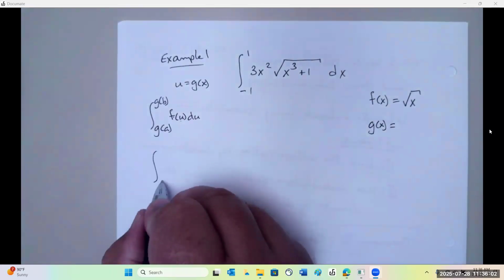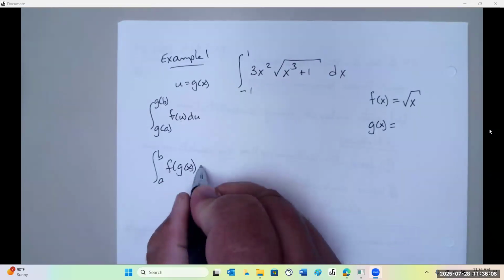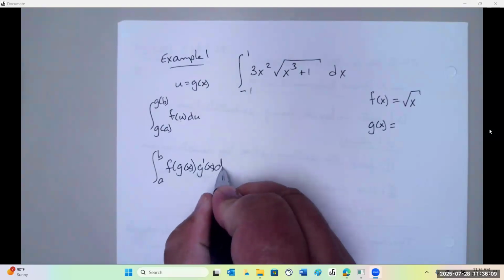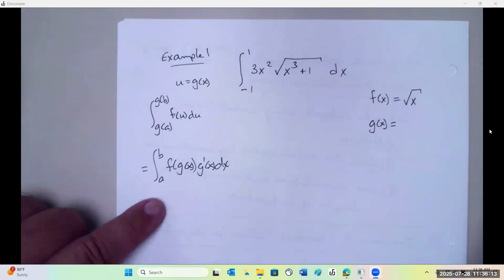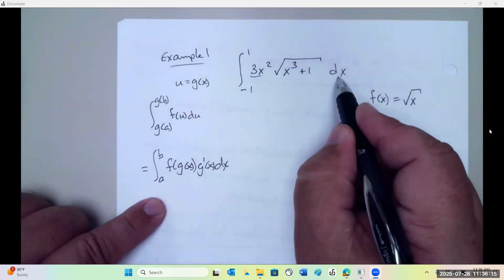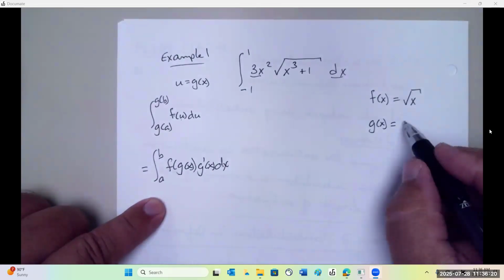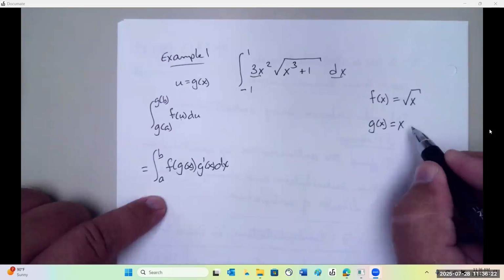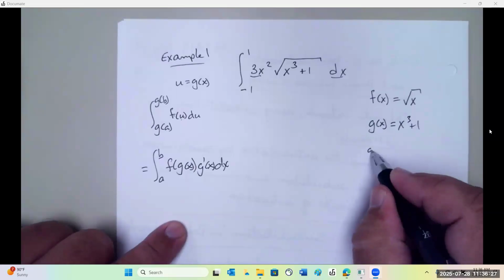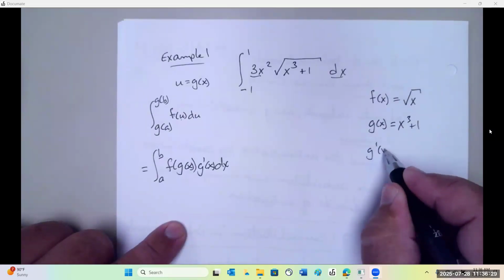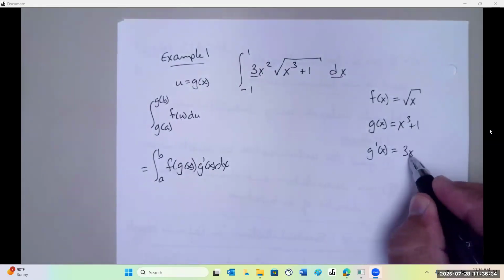Remember, we're looking at f of g of x times g prime of x dx. So here's g prime, here's dx. So what's my g of x? It's the internal function, x cubed plus 1. So g prime of x would be 3x squared.